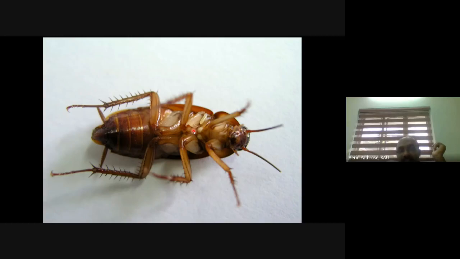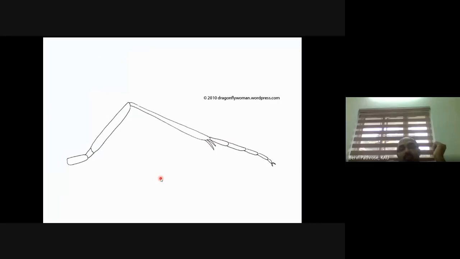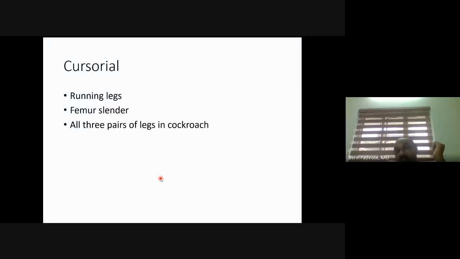This is coxa, this is trochanter, this is femur, which is slender, and tibia, again slender, and at the tip we have the tarsus. That is a typical feature of cursorial legs, which is seen in all the pairs of legs of cockroaches.